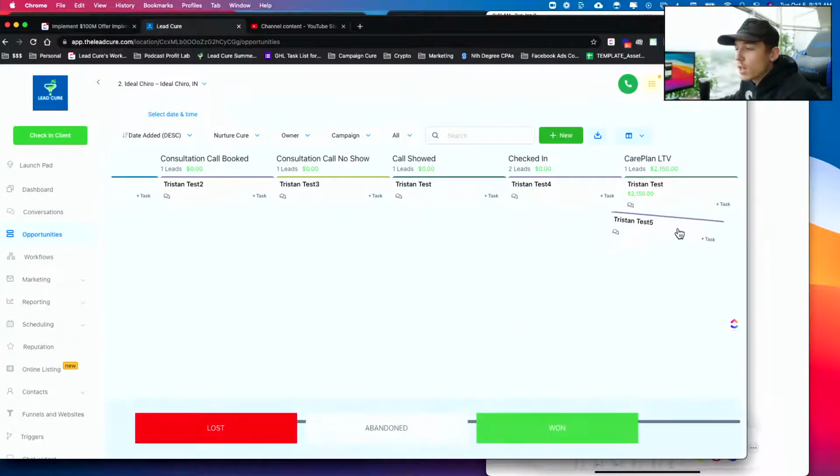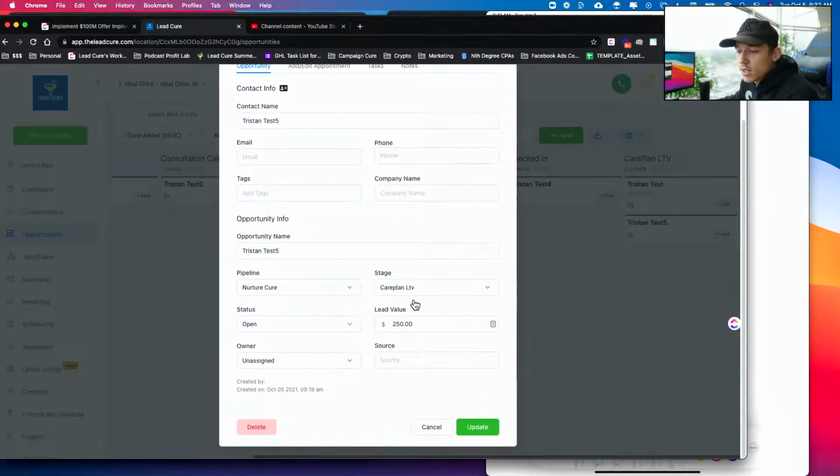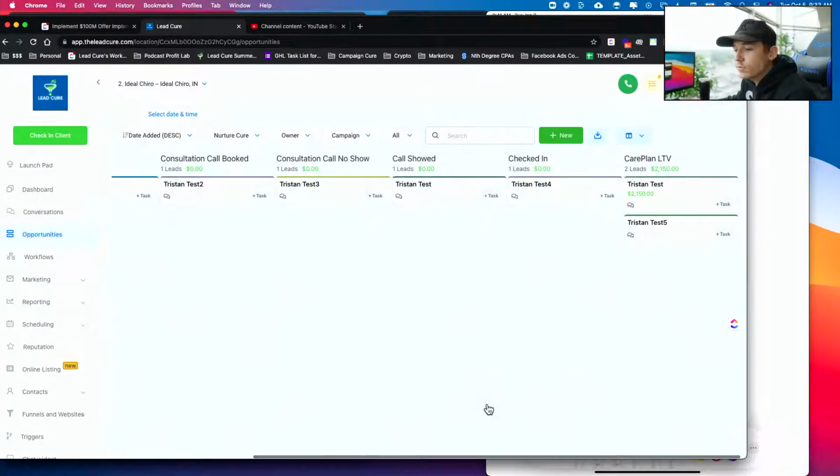Well, Tristan became a client. And when Tristan became a client, we're going to take his care plan case value, essentially LTV, whatever he's contracted for, the amount that he's contracted for, and we're going to add that in. So let's say it's $2,000. We'd have $2,250 here. And so this fills the pipeline. You can see the numbers here will start to change. This will be updated here momentarily.